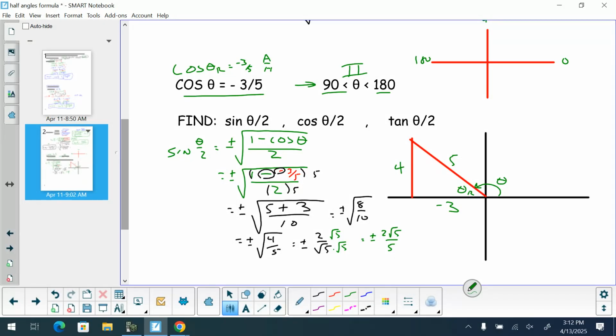If theta is between 90 and 180 degrees, what would half theta be in between? Well, we divided this by 2 to give us half theta. Using our properties of inequality, we can do the same with the other two. So half theta is between 45 and 90 degrees.